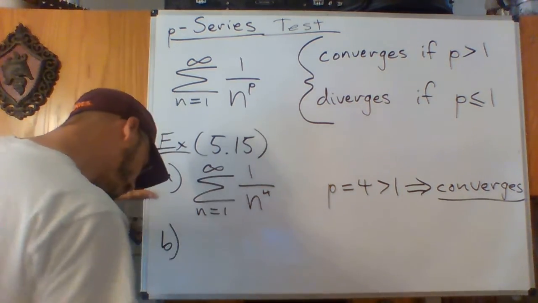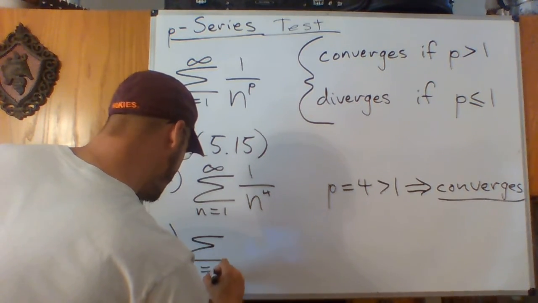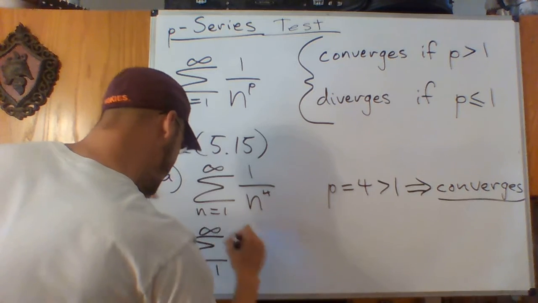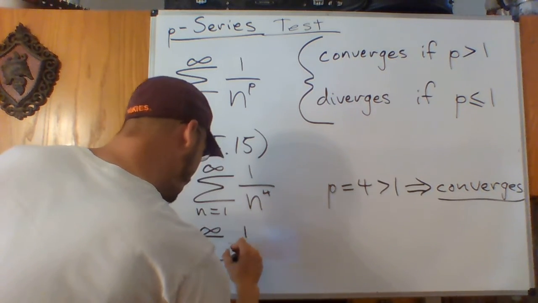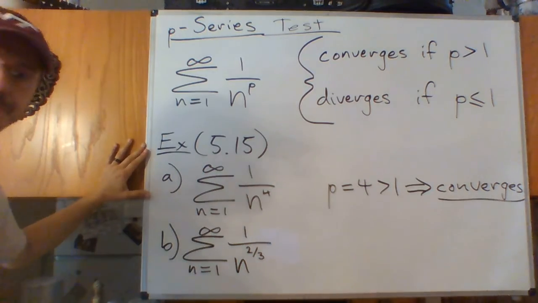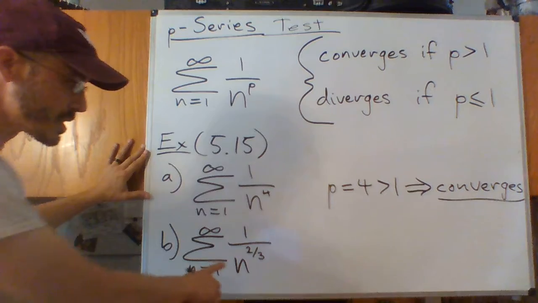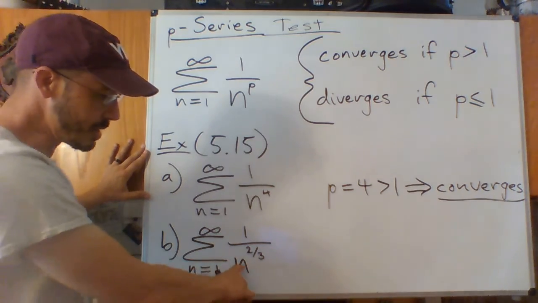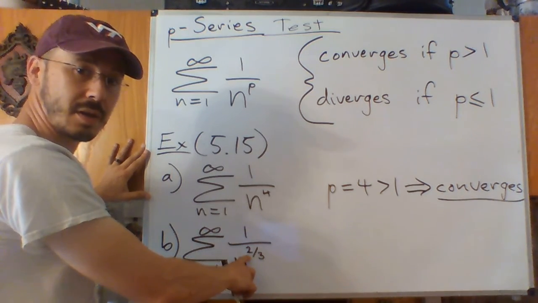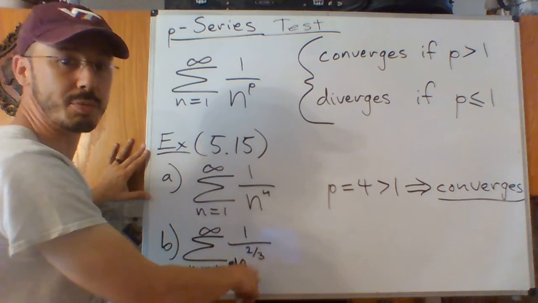A second example, part B, says the sum from n equals 1 to infinity of 1 over n to the 2/3. What that means is n squared, and then we take the cube root, or the cube root of n squared.